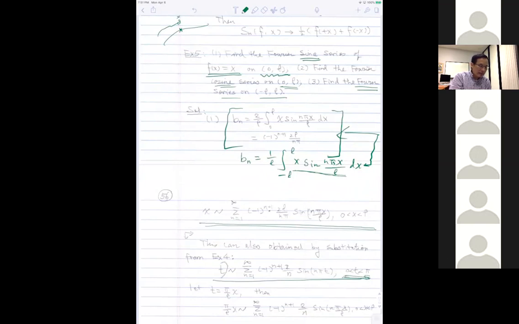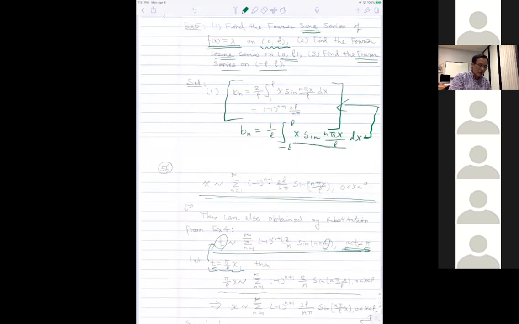Instead of x, I change it to t, but t now runs from 0 to π. Then I do this substitution, t equals π over L times x, so that x equals L corresponds to t equals π. Then I substitute this into here, and that is what I get. That is the formula.